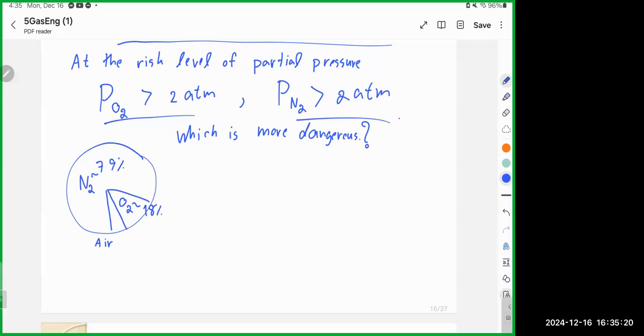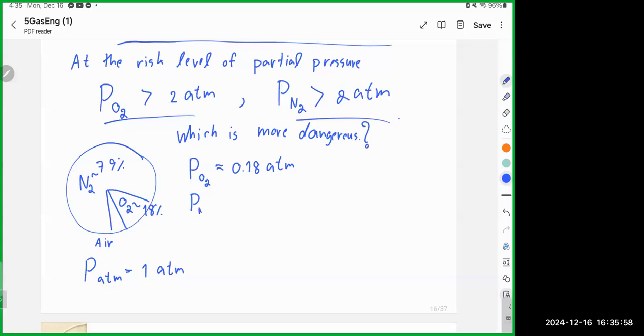So just imagine that if you go underwater with higher and higher pressure, P at ATM equal to 1 ATM, right? And the partial pressure of oxygen would be around 1.18 ATM.